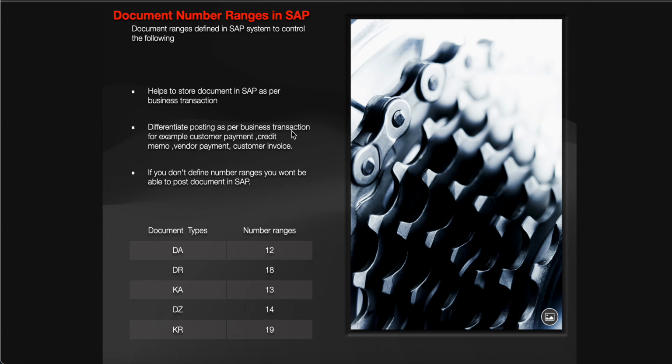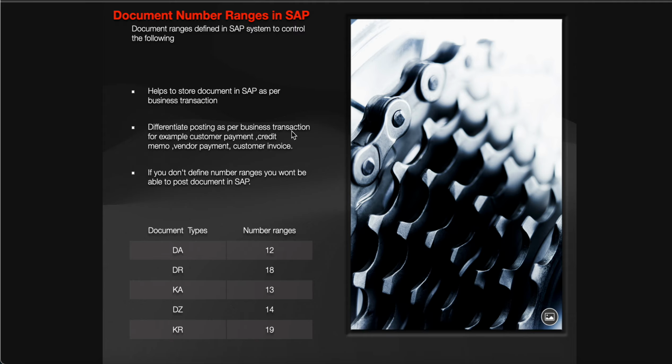How do they get stored? Because the moment you post a transaction or a certain document, it gets stored in the SAP by giving a number. An internal number is being assigned to your document. How will this number be generated? Every document has a unique number, but how will that particular number be assigned? That is the question over here.